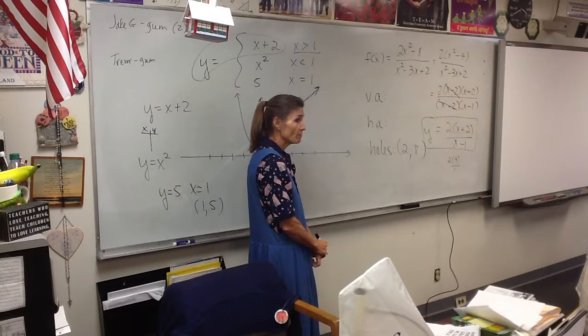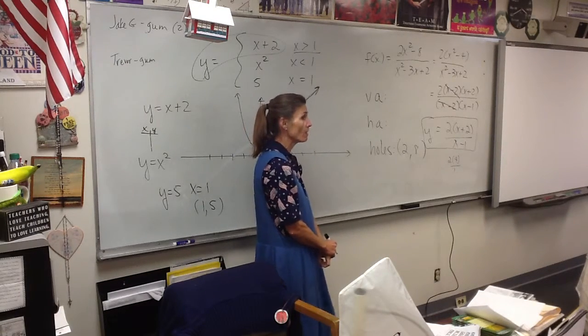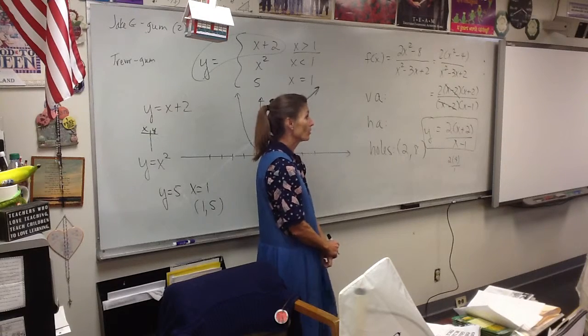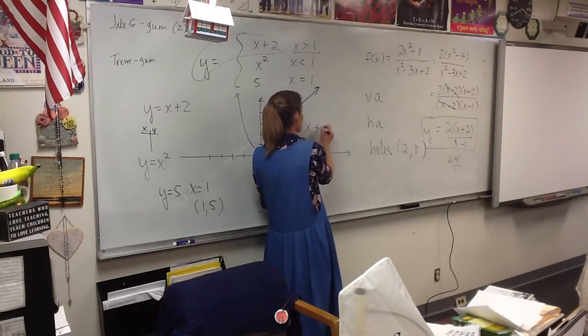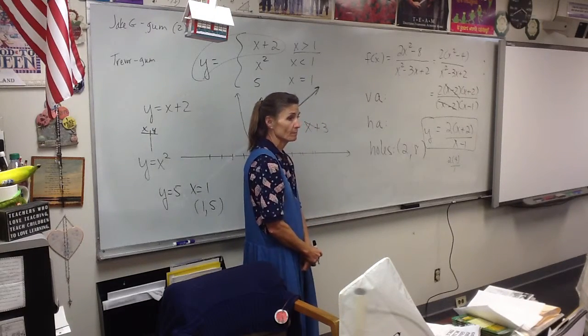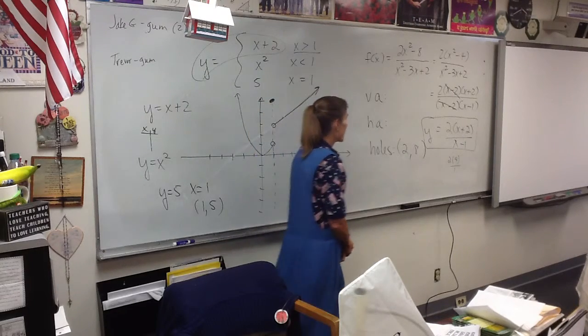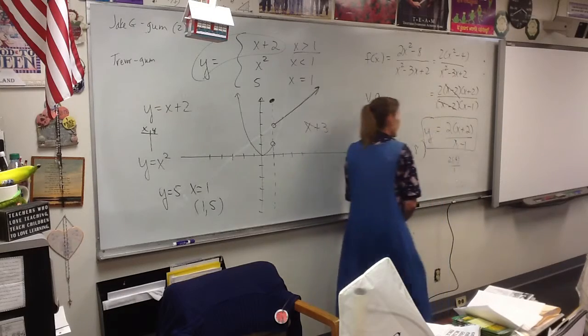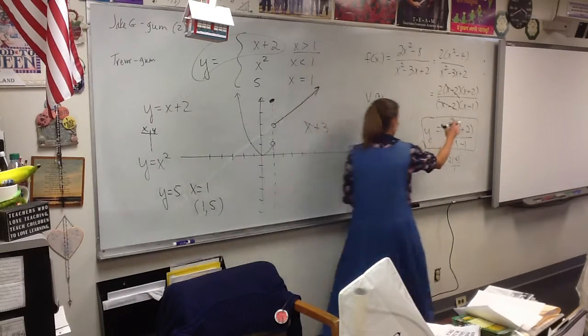Is that okay with everybody? Let's talk about that one more time. Where do holes come from? Where you cancel. If you had a problem and you canceled out x plus 3, where would your hole be? At negative 3. Now, take a look at what's left. Do you have any vertical asymptotes? Look at what's left here.